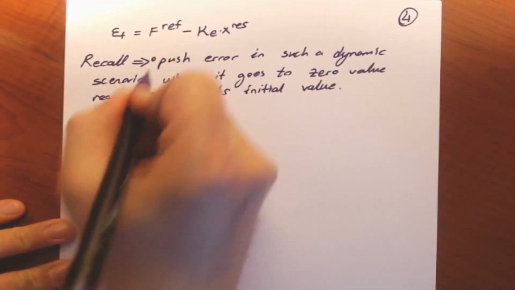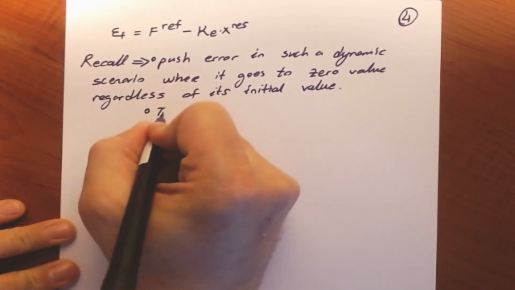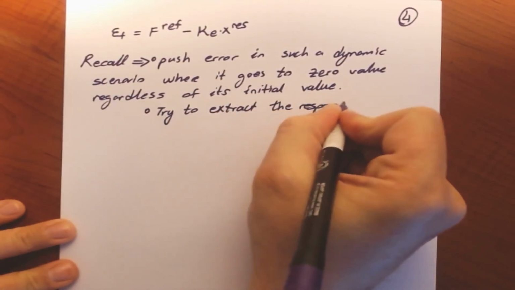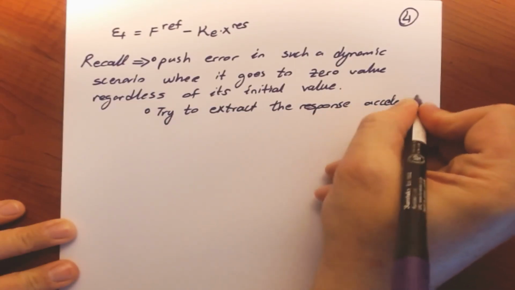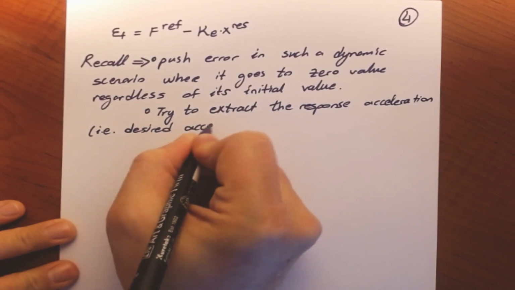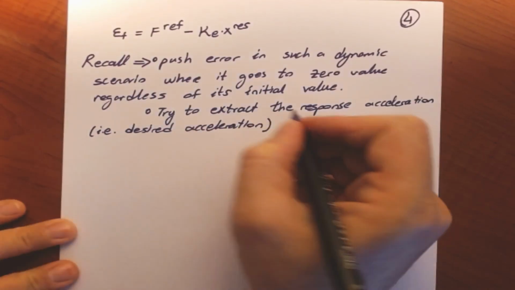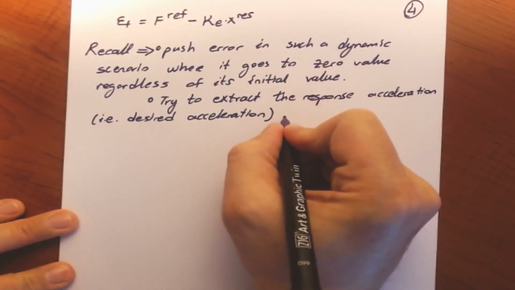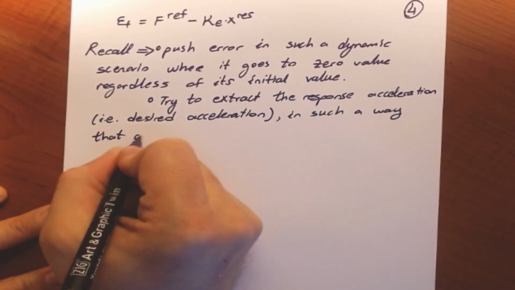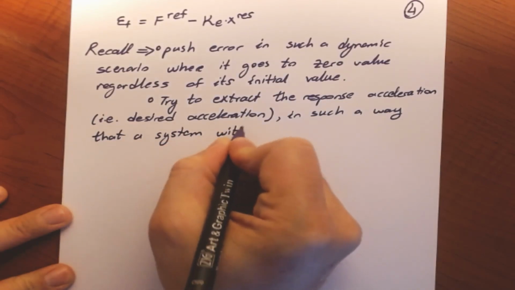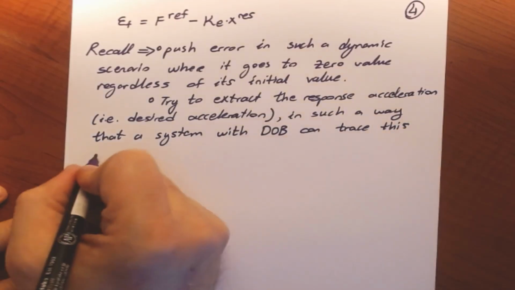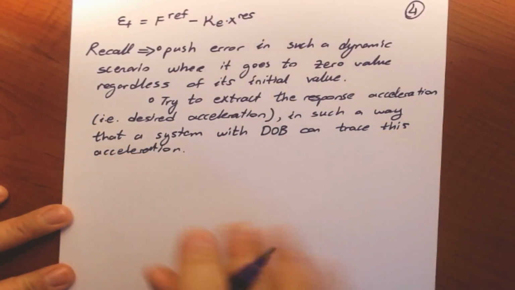So that was the first item, and the second item: try to extract the response acceleration, so that was named as the desired acceleration, in such a way that a system with disturbance observer can trace this acceleration.